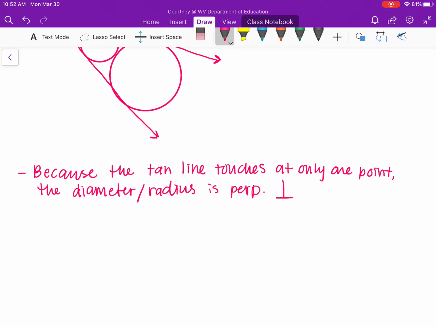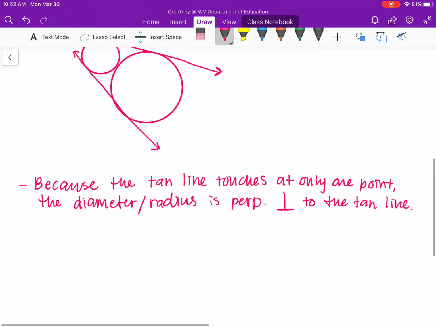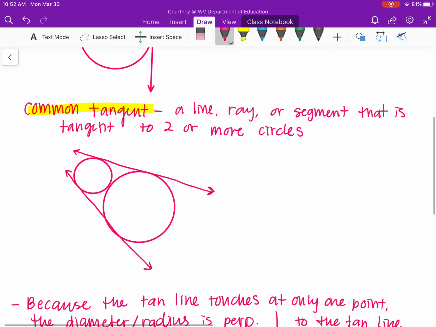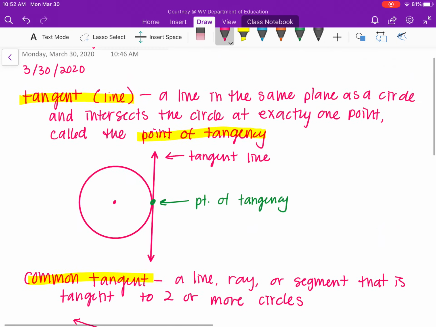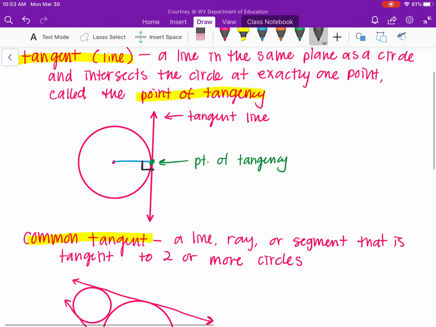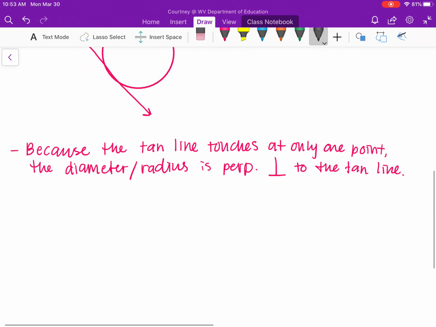I'm going to say perp here and draw my perpendicular sign to the tan line. Because the tan line touches at only one point, the diameter or radius is perpendicular to the tangent line. So go back up to your first drawing we made here. Okay, this would be my radius. Let's do it in blue. Here's my radius. Okay, you see how that line is perpendicular to the tangent line? When something's perpendicular, it makes a right angle. So put your little right angle box in there. Okay, it makes a right angle.